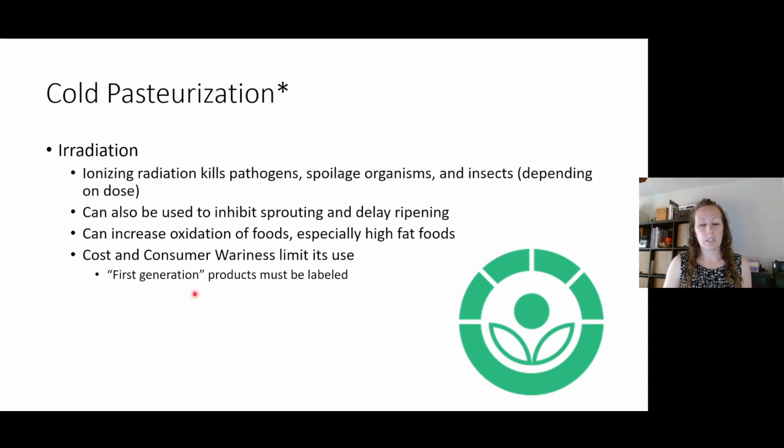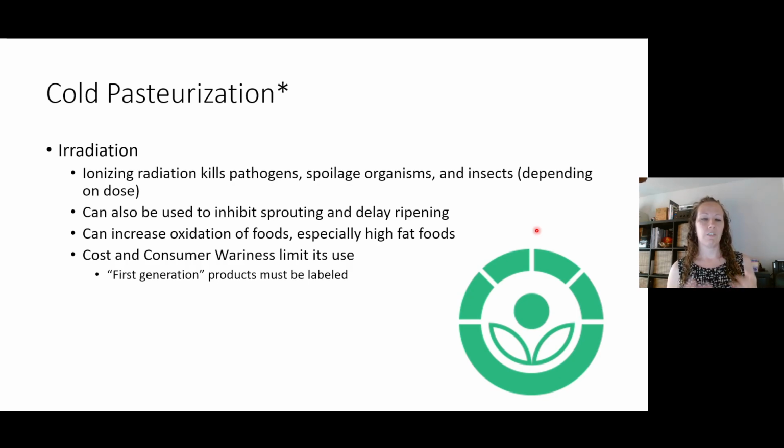So in the US, any first generation products must be labeled. So if you are buying raw spices or raw fruits or a meat product, right? If that product was irradiated, it has to be labeled, and it'll have this symbol here that's called the Radura symbol, and that denotes that it's been irradiated.